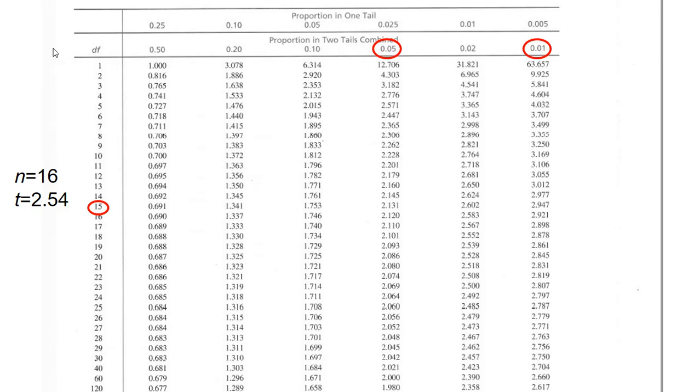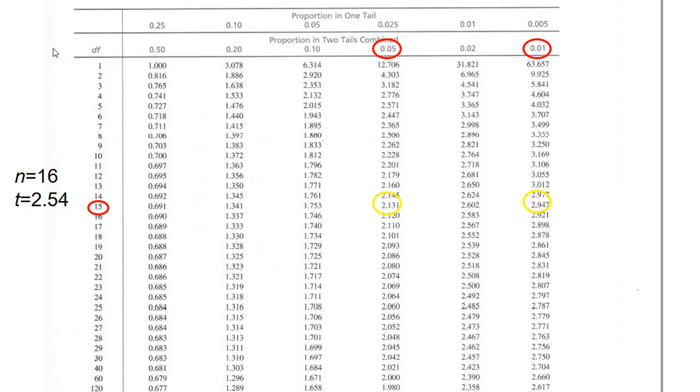So basically, we're then going to draw down to see what is the critical t-value at 0.05 and what is the critical t-value at 0.01. At 0.05, the critical t-value is 2.131. At 0.01, it's 2.947. So the question was, if we had a t of 2.54, would we reject the null at 0.05 and or at 0.01?